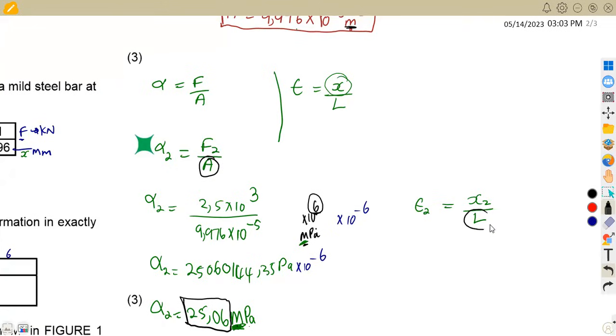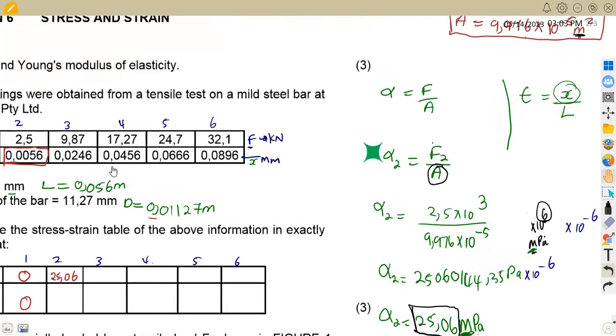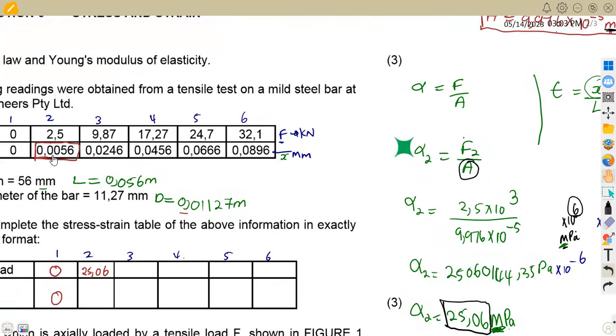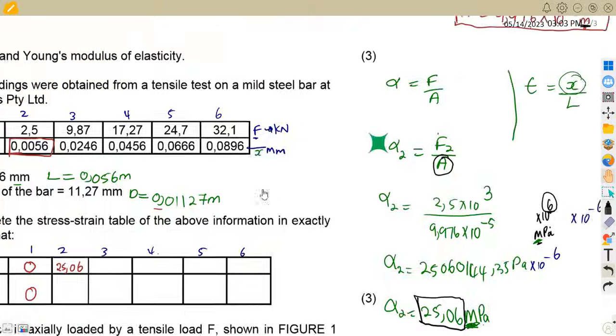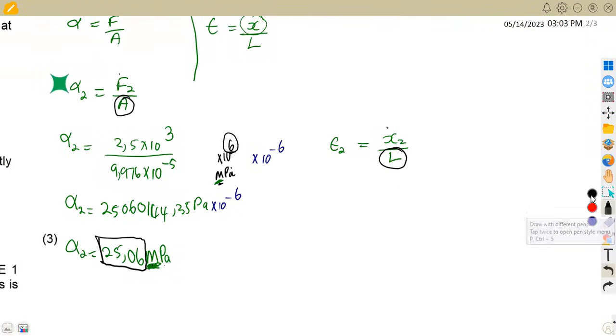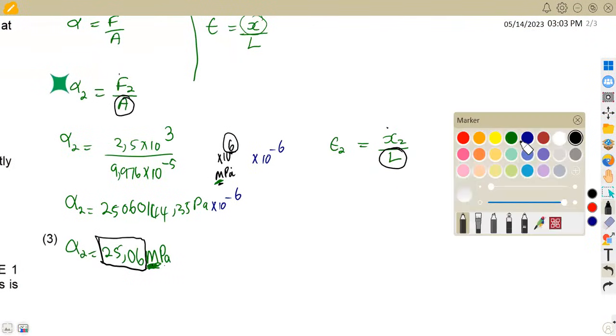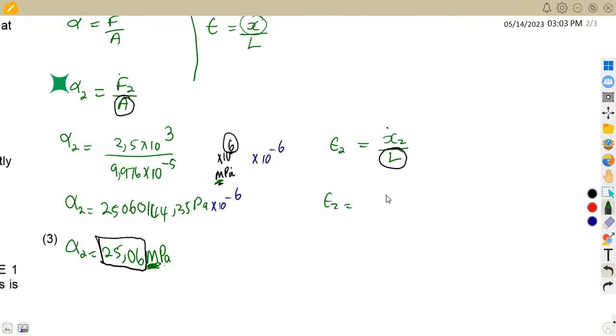Here, the diameter and the area do not change. The same thing with the original length. These two do not change. What is changing is the force and the extension. And what you need to know is these extensions are given in millimeters. So this is 0,0056 in millimeters.